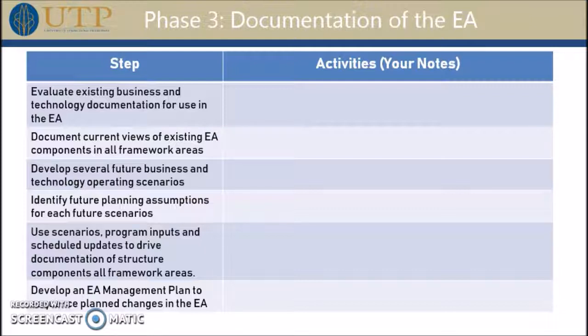The documentation method for the future architecture is similar to the documentation methods in the current architecture. So if you're using documentation methods such as UML for the current views, you will be using the same documentation methods for the future view.